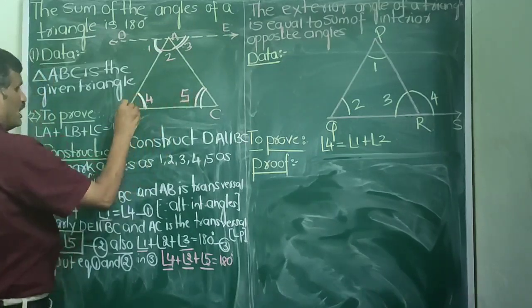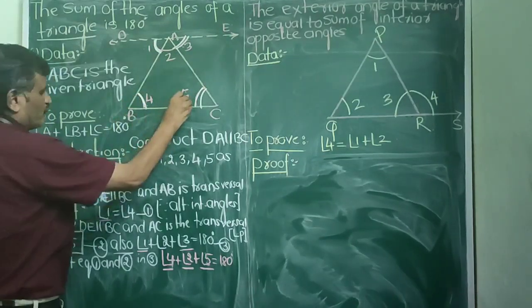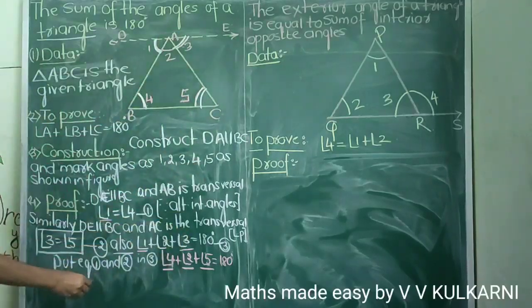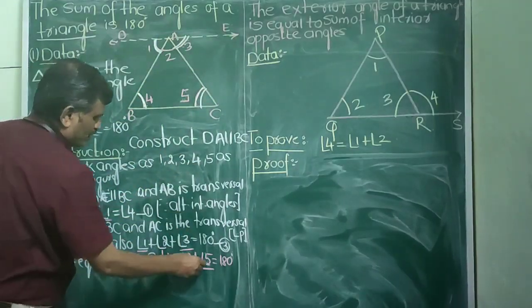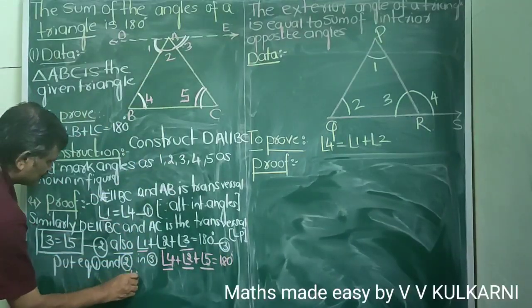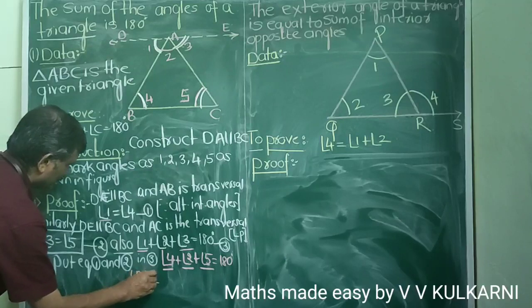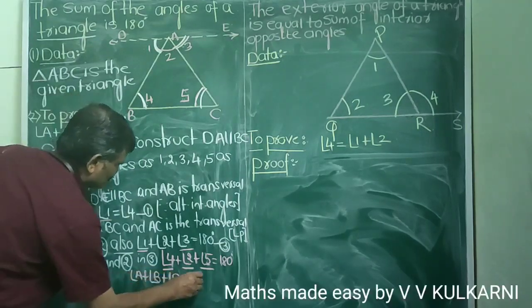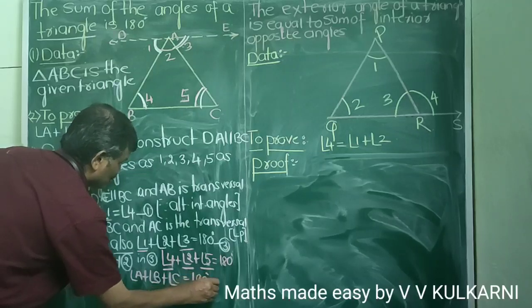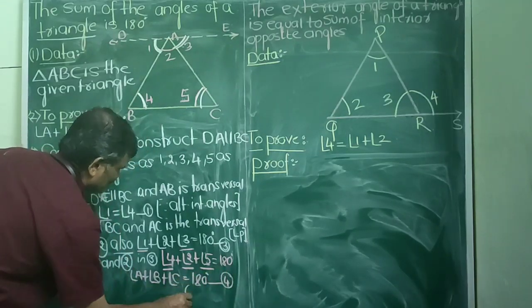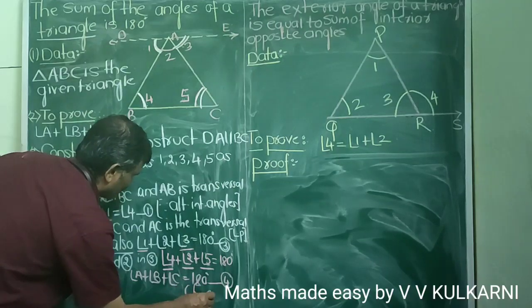Angle 4 means angle B, angle 5 means angle C, and angle 2 means angle A. So if I rewrite it properly, I can say that angle A plus angle B plus angle C is equal to 180 degrees. I can call this equation number 4, and hence I can say that I have proved the theorem.